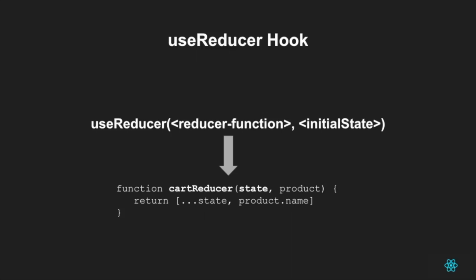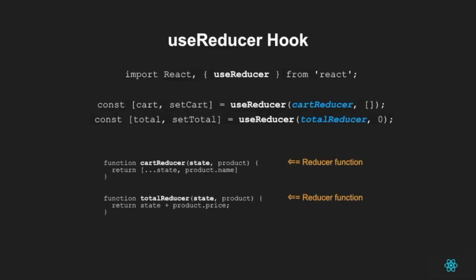You will recognize that the reducer function looks a little bit the same as what we have seen already in the code to add the product. Here I replaced all my useState hooks with useReducer hooks, and I make use of reducer functions to calculate the cart and the total price.